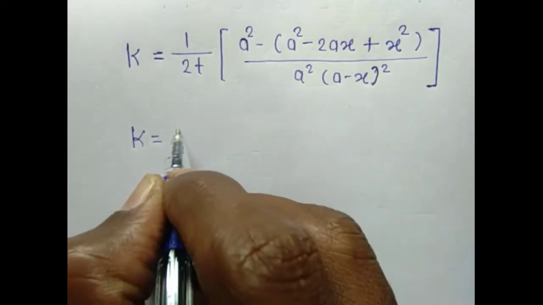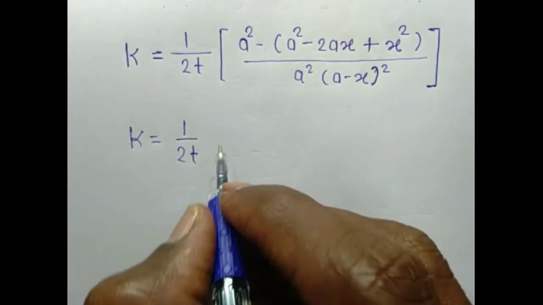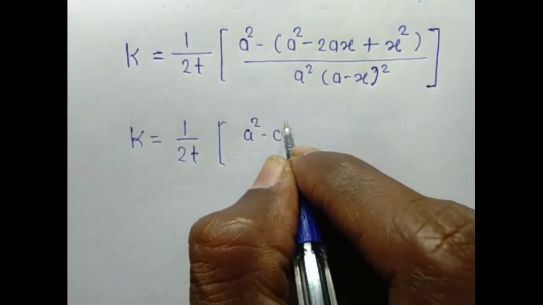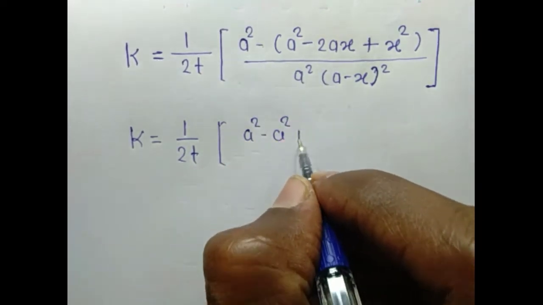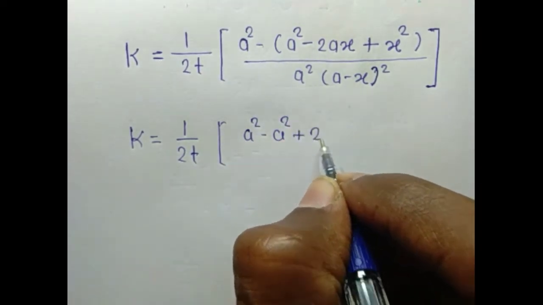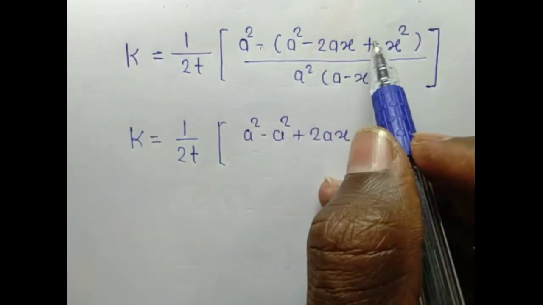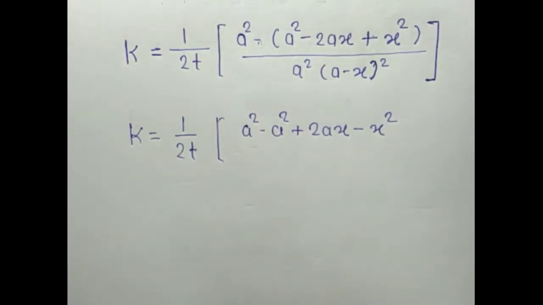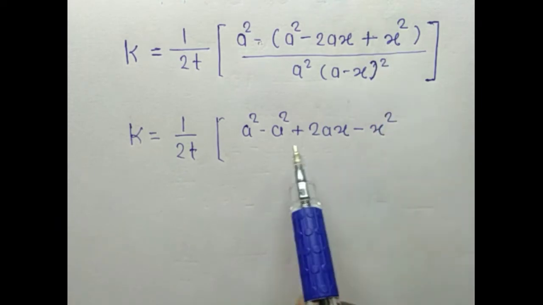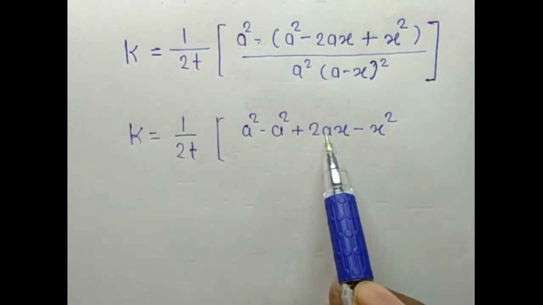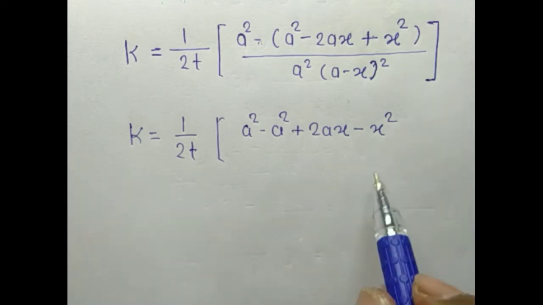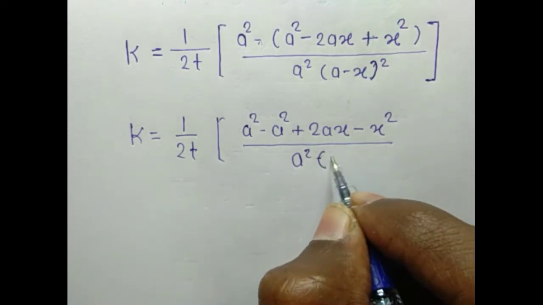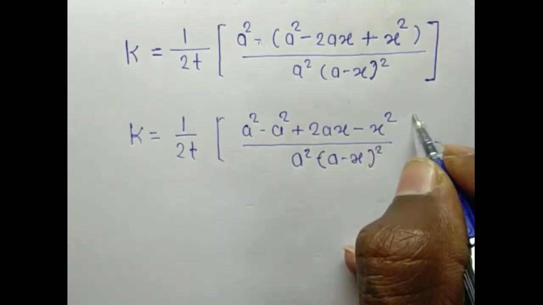The equation now is 1 upon 2t as it is, into bracket a square minus a square, this minus minus gets plus, and 2ax, and this minus plus gets minus x square. On simplification of this bracket, we get a square minus a square plus 2ax minus x square upon a square into a minus x bracket square.